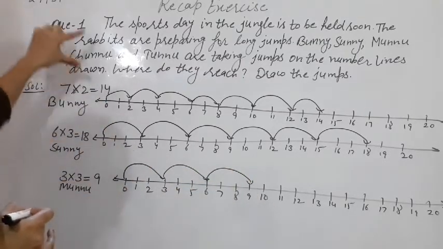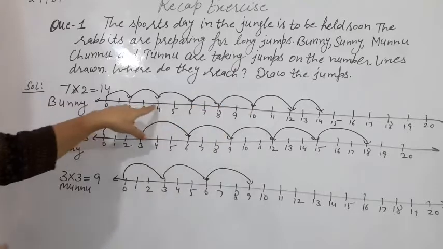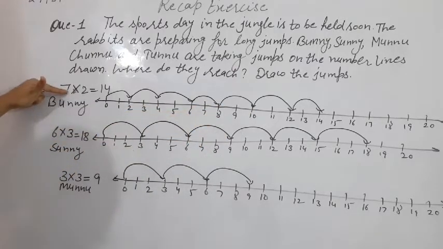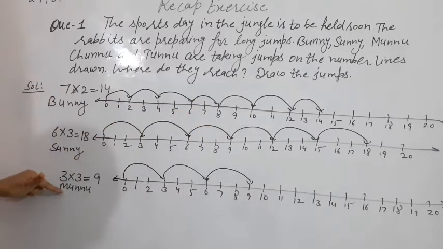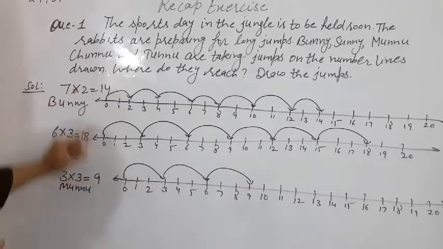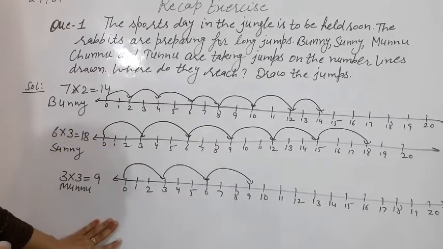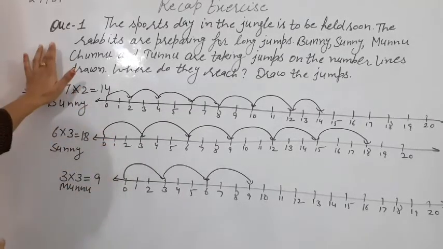In this way, first you write the question. After that, you write this one. Make the number line with the help of your scale, and then write Bunny, Sunny, Manu, Chanu and Tanu also. Clear? You do Chanu and Tanu yourself. I am making only 3 number lines here. Clear? So question number 1 is clear.